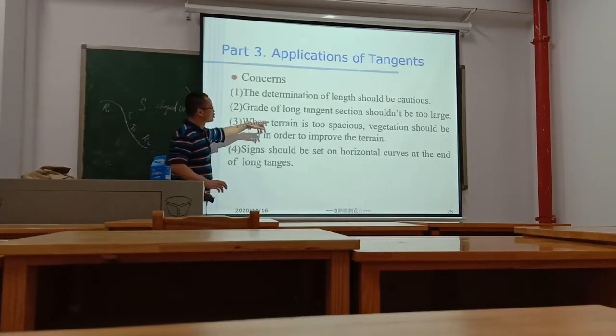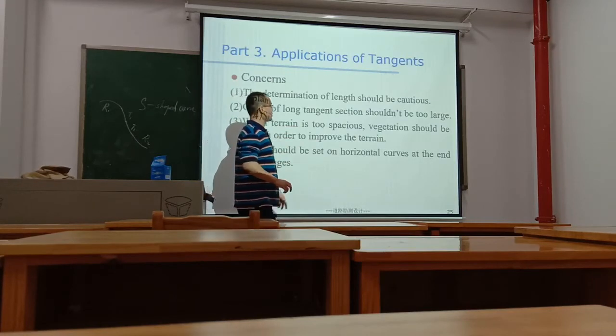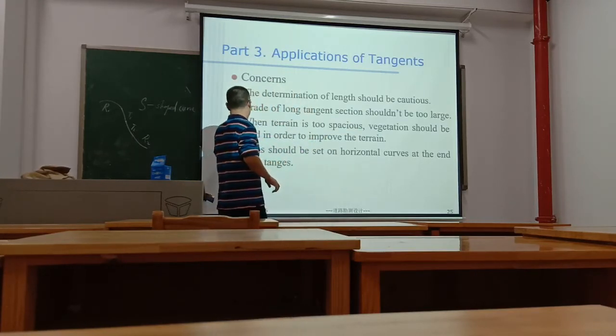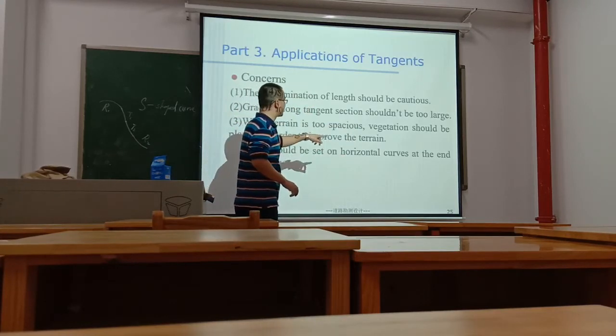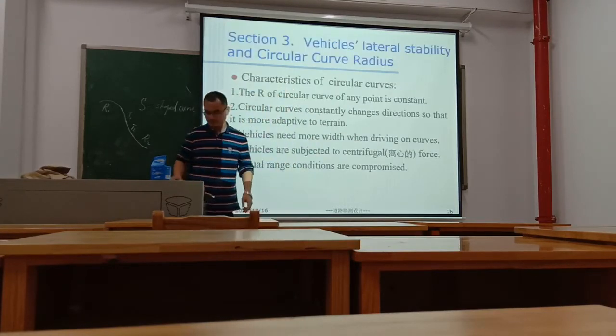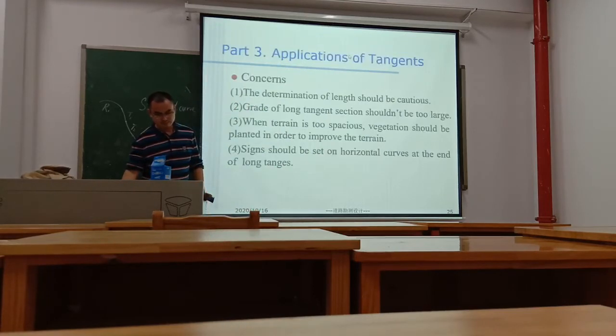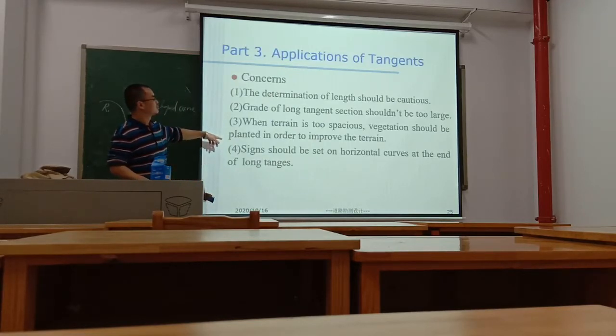When terrain is too spacious, vegetation should be planted in order to improve the terrain. What's vegetation?